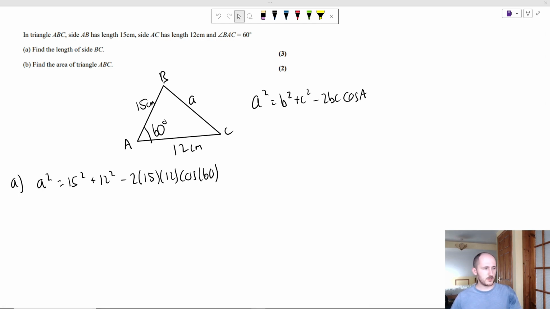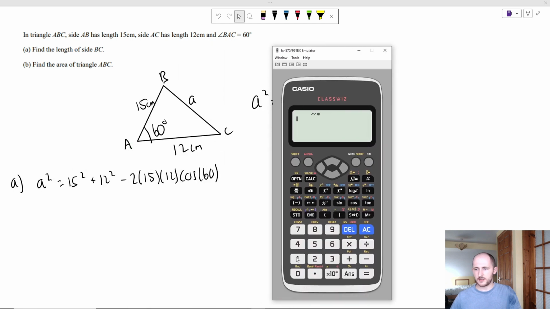So opening up our calculator, let's do 15 squared plus 12 squared minus 2 open bracket 15 times 12 cos 60. And remember, this doesn't give us a, this gives me a squared. So I need to now square root the answer to work out the actual value.